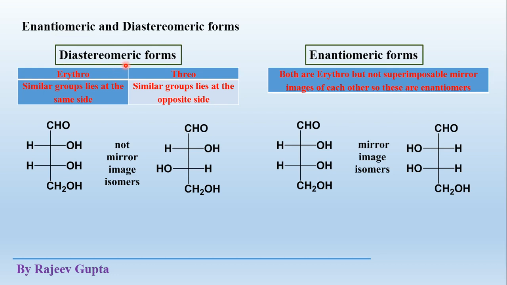A simple definition: two molecules which contain at least 2 chiral centers, where the configuration at one chiral center is the same, but the configuration at the other chiral center is different. These are called diastereomers, and diastereomers are never mirror images of each other.